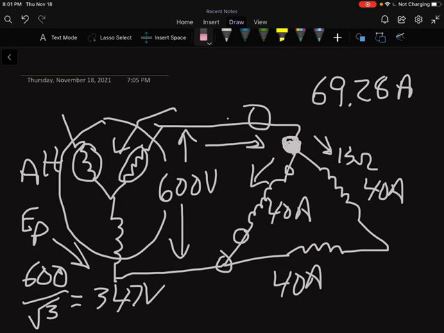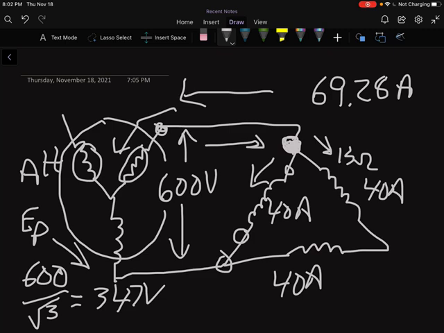That current, however, when we follow it back to our alternator, is where things change a little bit. When we get back to our alternator, we know that the rule for current in delta is different than it is in Y. We see that we don't have two completely different coils producing that current.